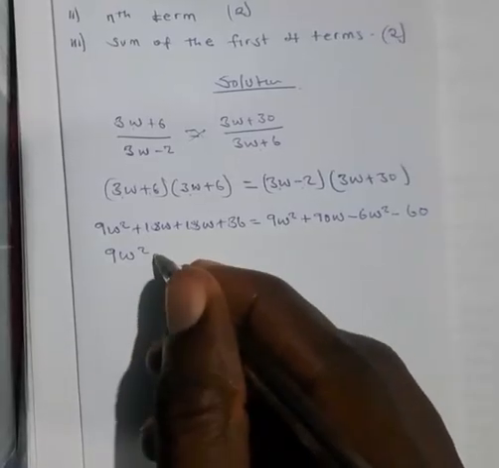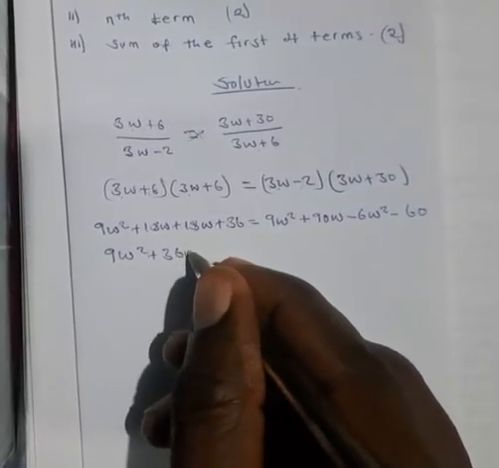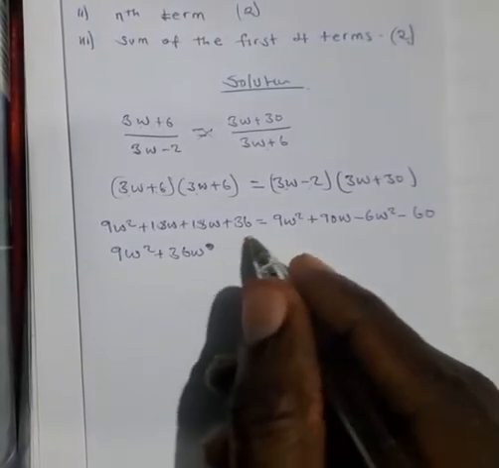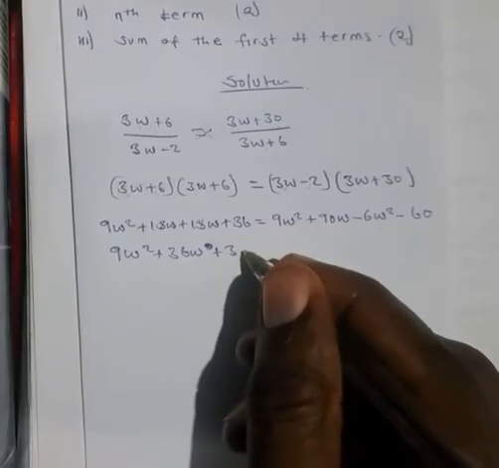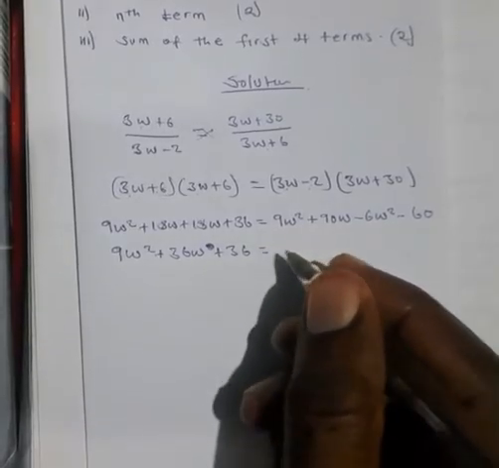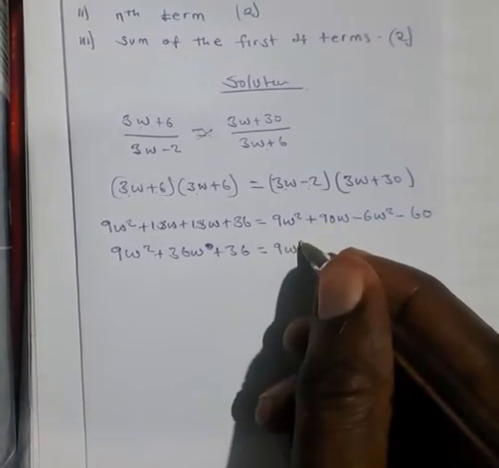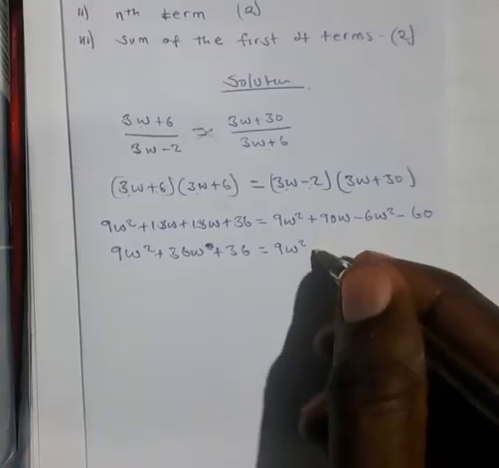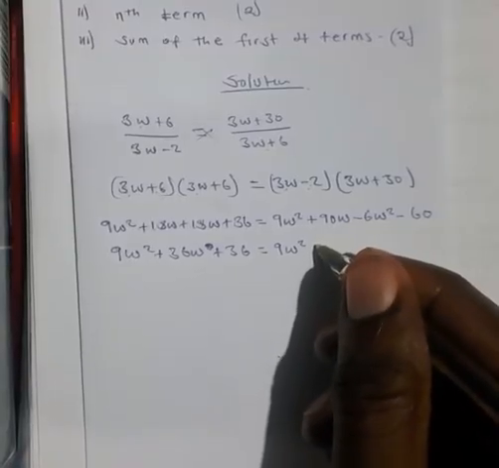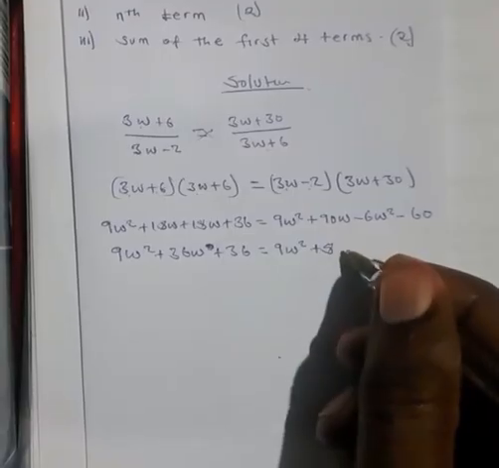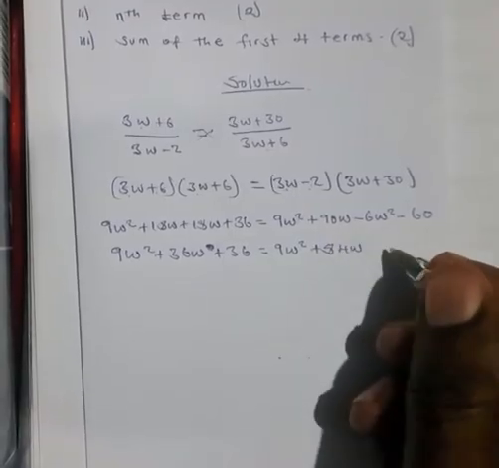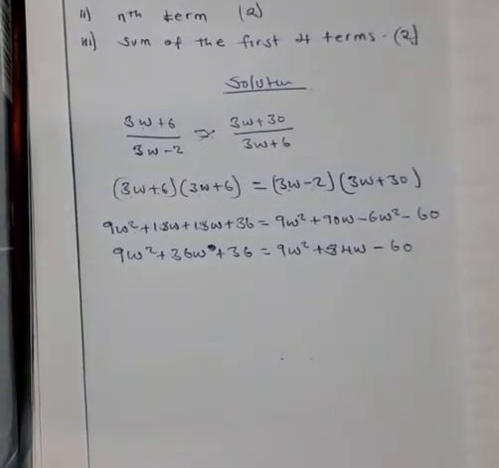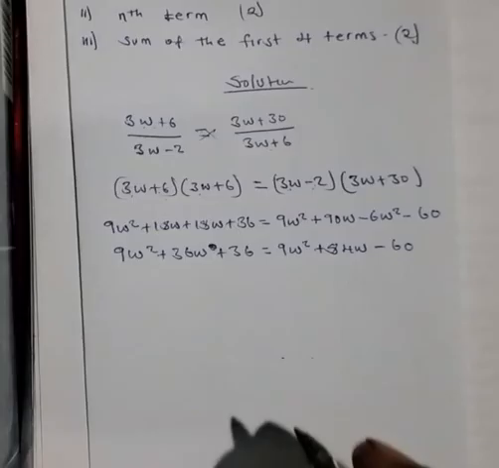This one should be 36w, not w squared, 36w, then plus 6 is equal to 9w squared, then this one is going to be 84w, then minus 60. Then from there we can collect the like terms.